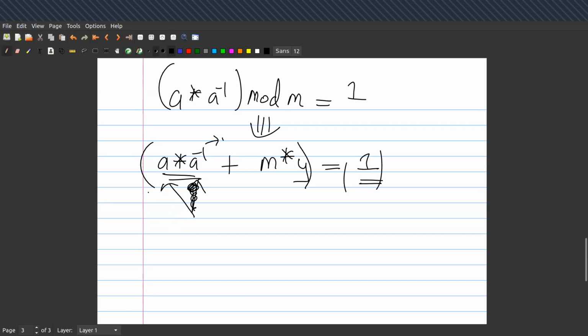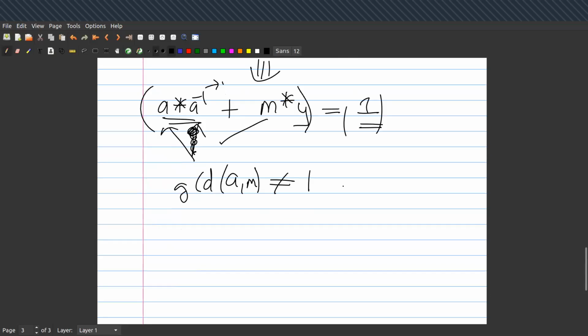So we know A and M. If GCD of A comma M is not equal to 1, then it will not be defined, because we can just separate: let GCD of A comma M be C. So we can write A as C times K1 and M as C times K2. Obviously we will get C common, and the equation won't make sense. So for the modular inverse to be defined, GCD of A comma M has to be 1.